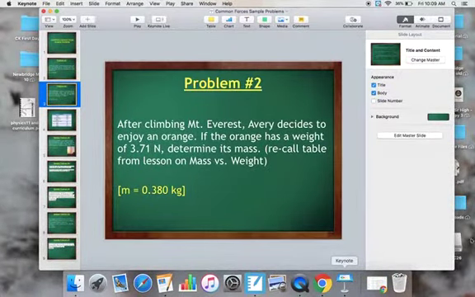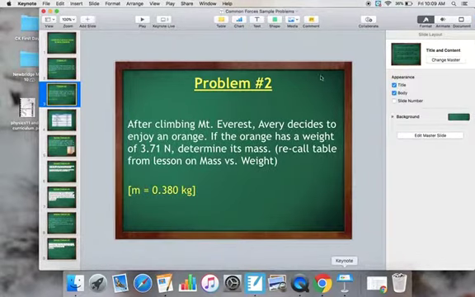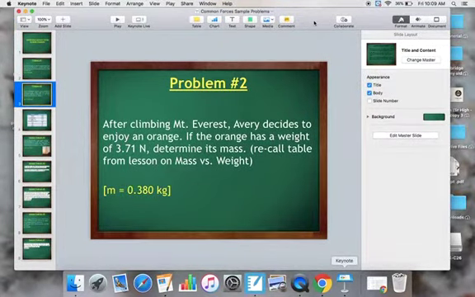So problem number 2: after climbing Mount Everest, Avery decides to enjoy an orange. If the orange has a weight of 3.71 newtons, determine its mass. Okay. Now, recall our lesson on mass versus weight, in that at different points on Earth, the force of gravity is slightly different.